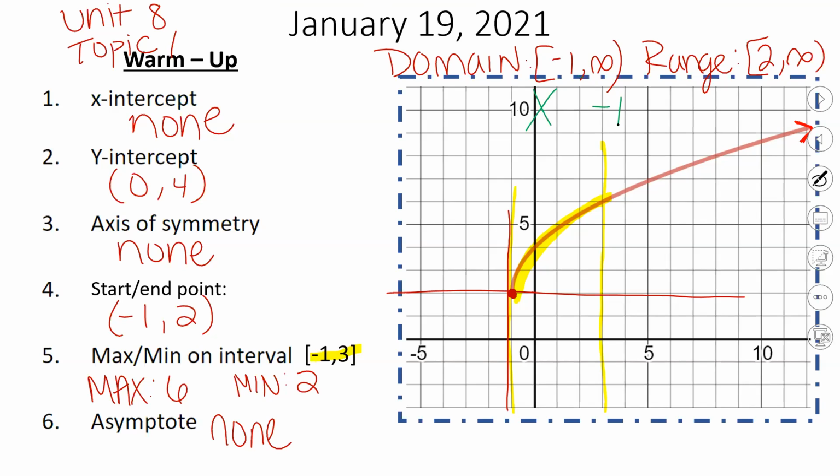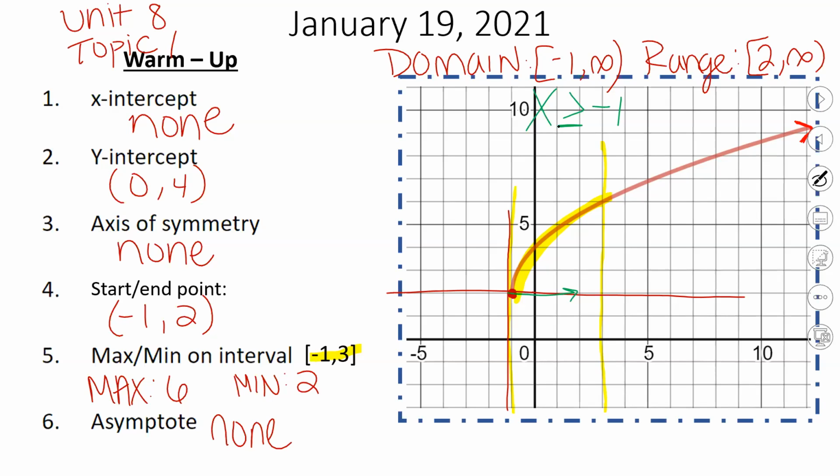Are all my X values greater than that number or less than? They are all greater. They're all to the right. Does it get an equal sign underneath it? Yes, it's a closed circle. It gets an equal sign.